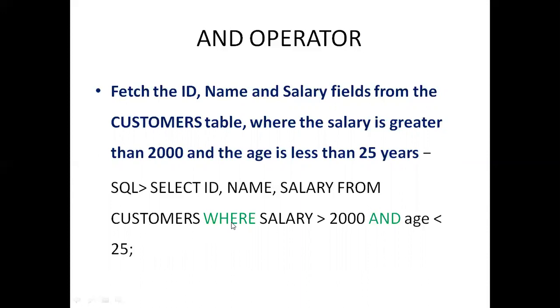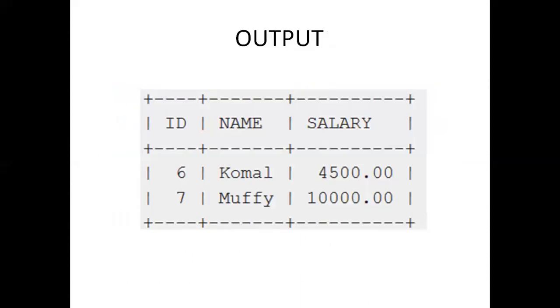For specifying the condition, you write where salary is greater than 2000 and age is less than 25. So all the records whose salary is greater than 2000 and age is less than 25 will be retrieved. So these are the two records which have salary greater than 2000 and age less than 25.